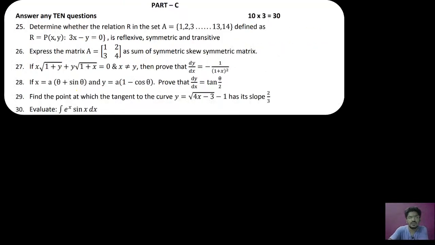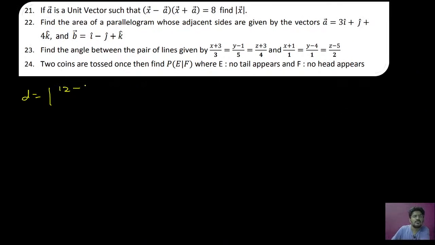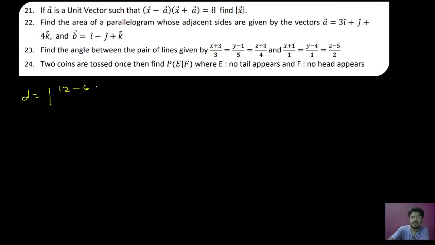Very good. 3 into minus 2 is minus 6. 8 into minus 2 is minus 16. Minus 16 divided by root 44.